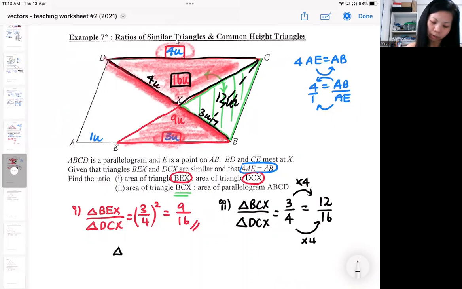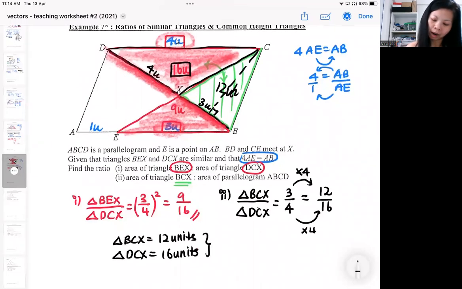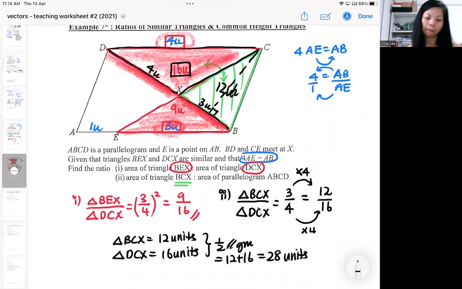You can think about it this way. BCX is 12 units in area, and DCX is 16 units in area. This is like half the parallelogram. So half the parallelogram is 12 plus 16. The green part is 12 units, then DCX is 16 units.